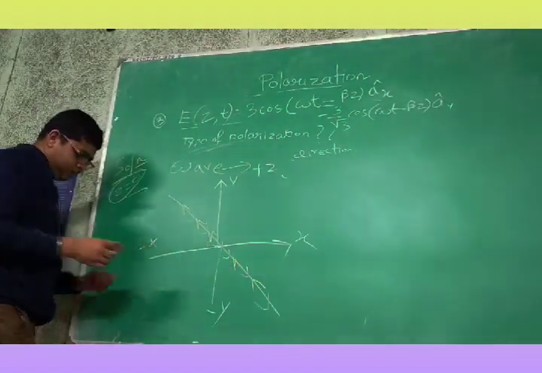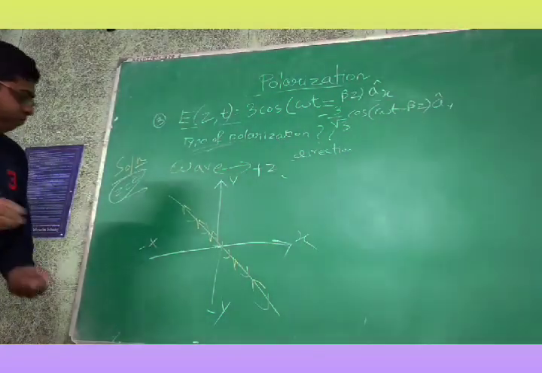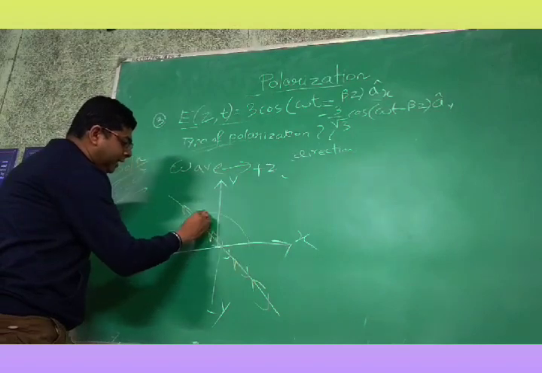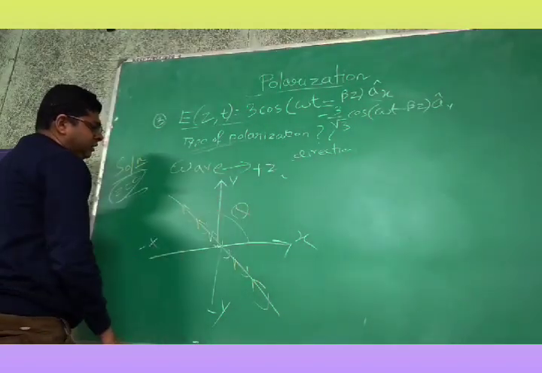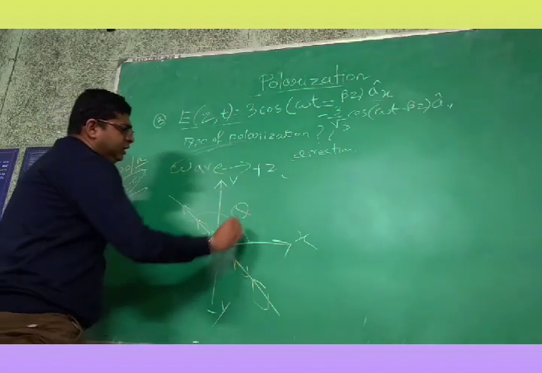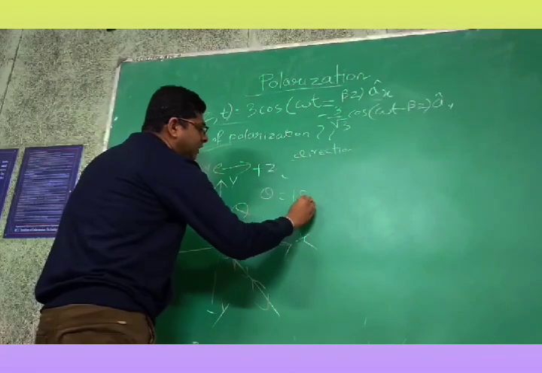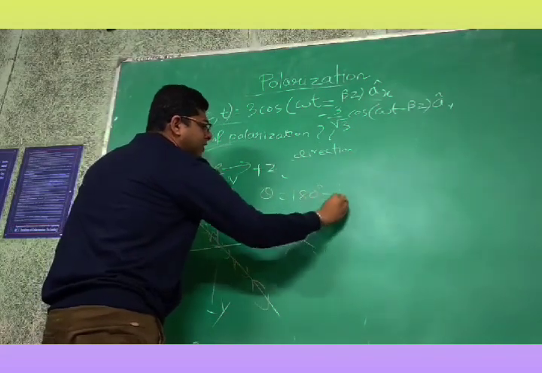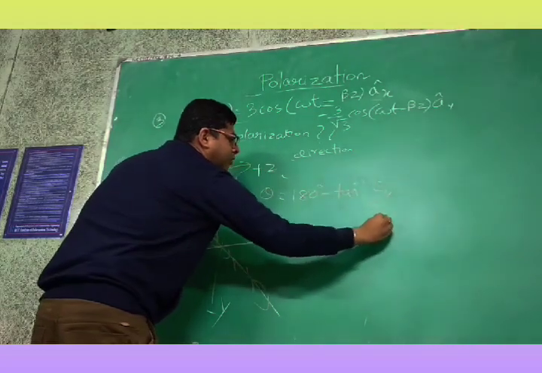And the angle, you can write this as theta, and you can calculate this theta. Theta you can calculate by 180 degree minus tan inverse of the magnitude of Ey component by Ex component.